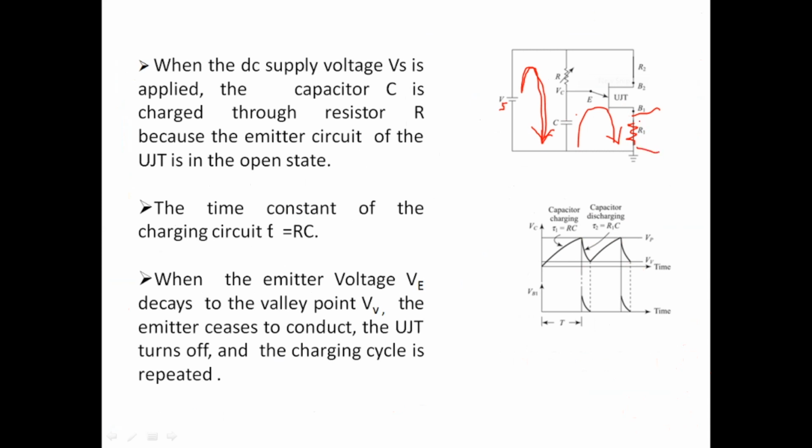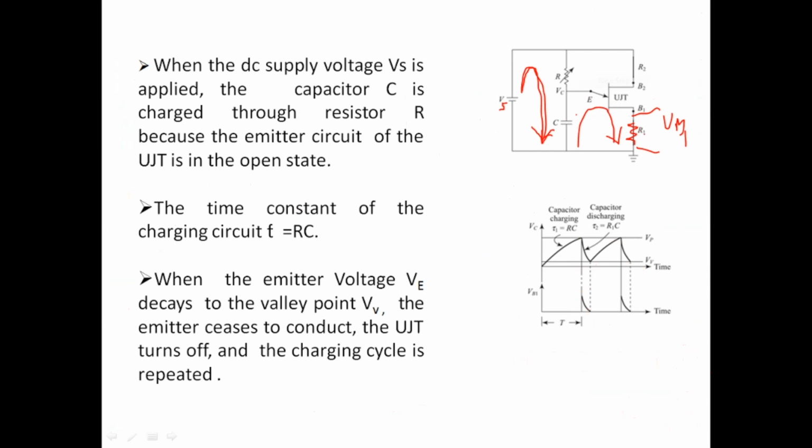The voltage is available only while the capacitor is discharging, only when the UJT is on. So if you call this VB1, VB1 is available only during discharging, and here we are choosing a very small resistance.